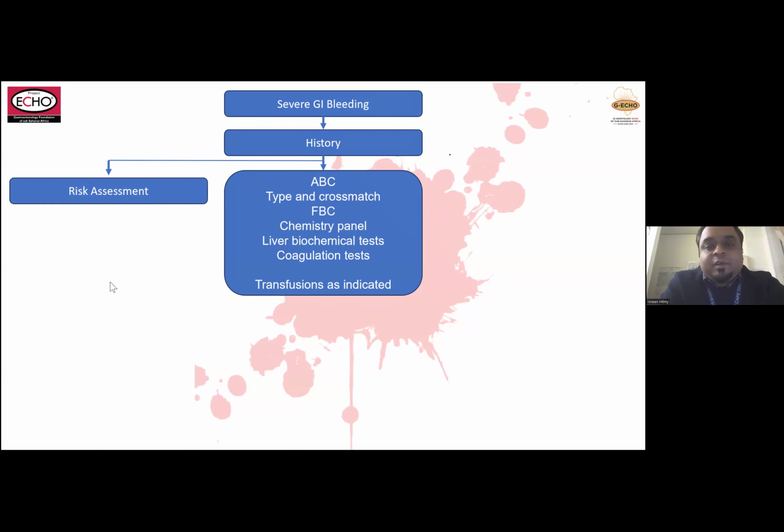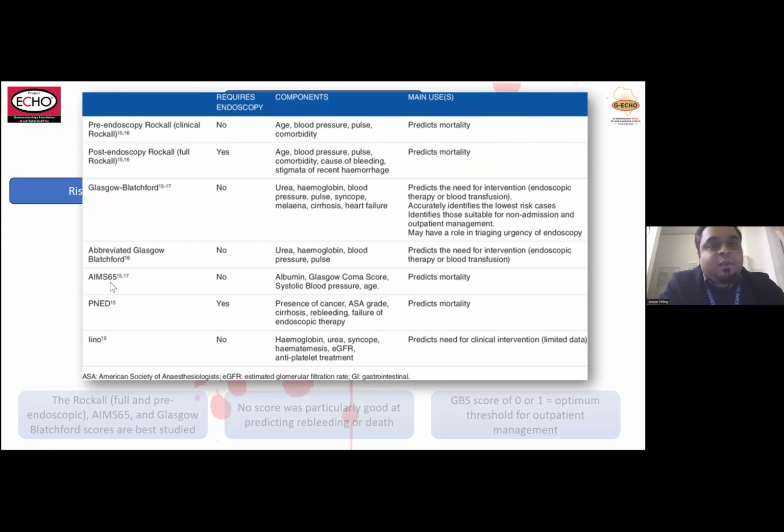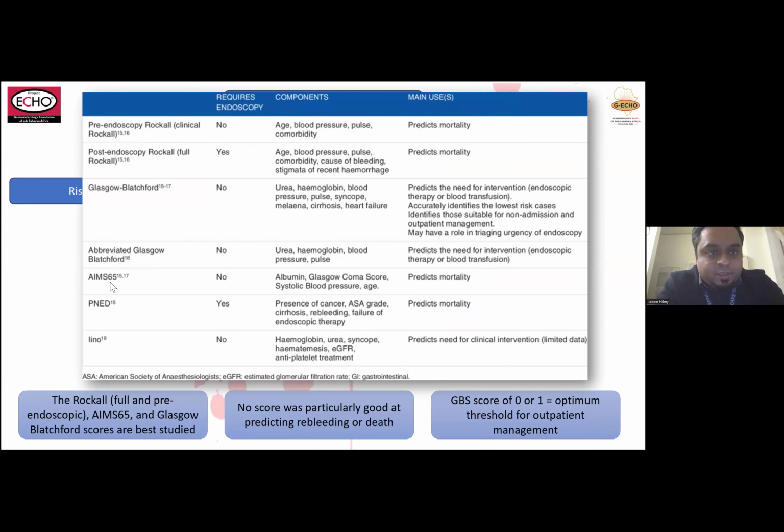So coming back, the other thing is we have to risk assess these patients. There are numerous risk assessment scores that can be used to prognosticate patients with upper GI bleed. These are some of the most commonly used prognostication scores.